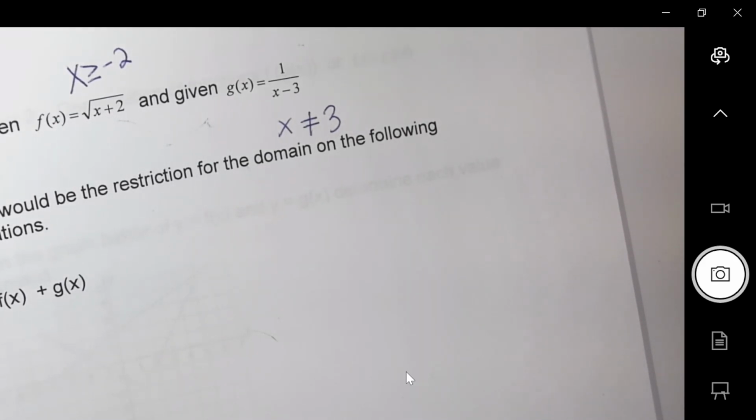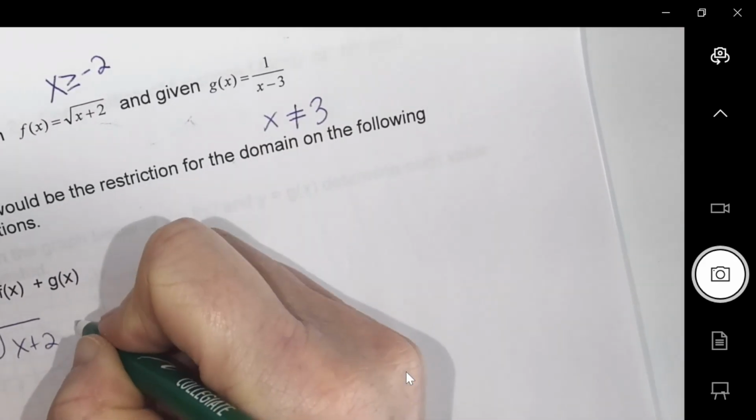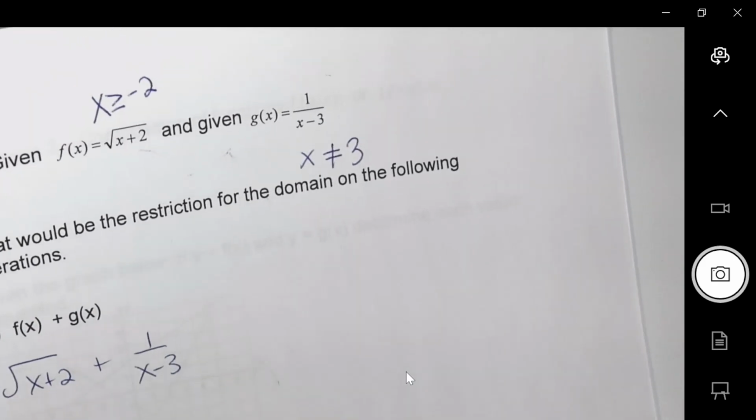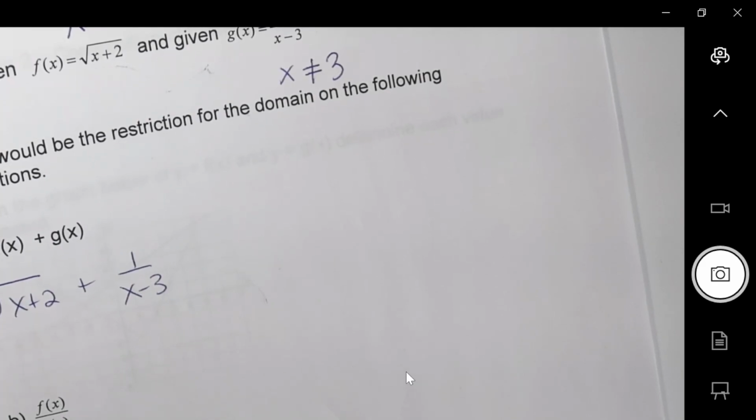So if I added them, I would have both problems. I have to be bigger than or equal to -2, but I can't be at 3.